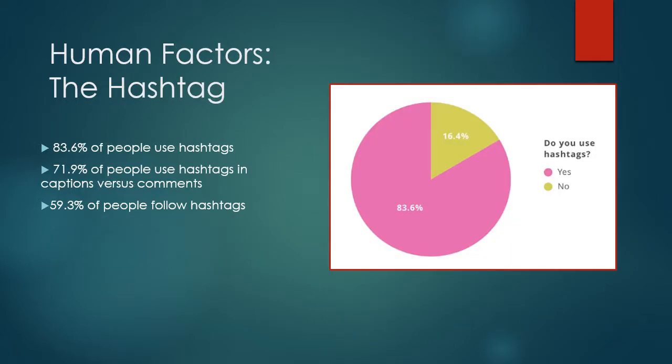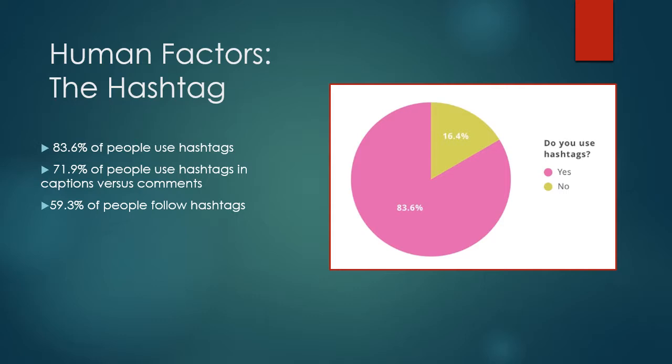A third human factor, and anyone that uses Instagram is going to know this, is more specific to Instagram. When it originally came out, this is what kind of connected everything, and connected a photo thread, and that's the hashtag. Now, the hashtag's used throughout all social media platforms. It's an ability to simply tag someone.